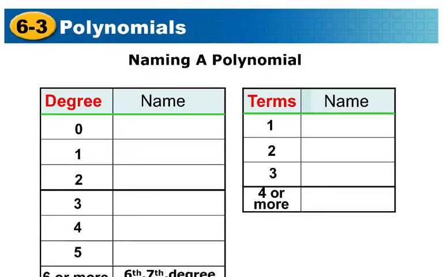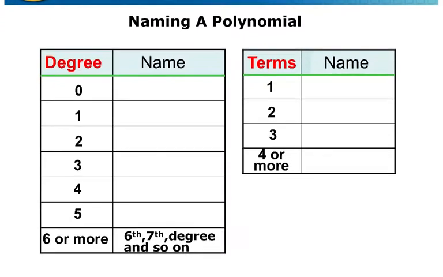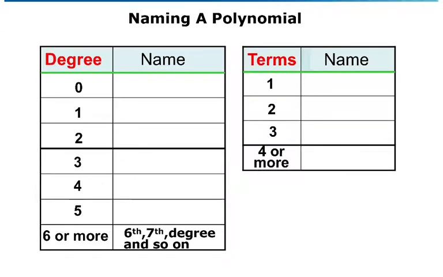All right, so we're also going to name some polynomials. So based on the number of terms and the degree, which we now know how to count and determine, we can actually name things. So let's say that something has a 0 degree. We already talked about that one, and that one is a constant. So if you have a polynomial that has a constant as its degree, you have the number 3, for instance.